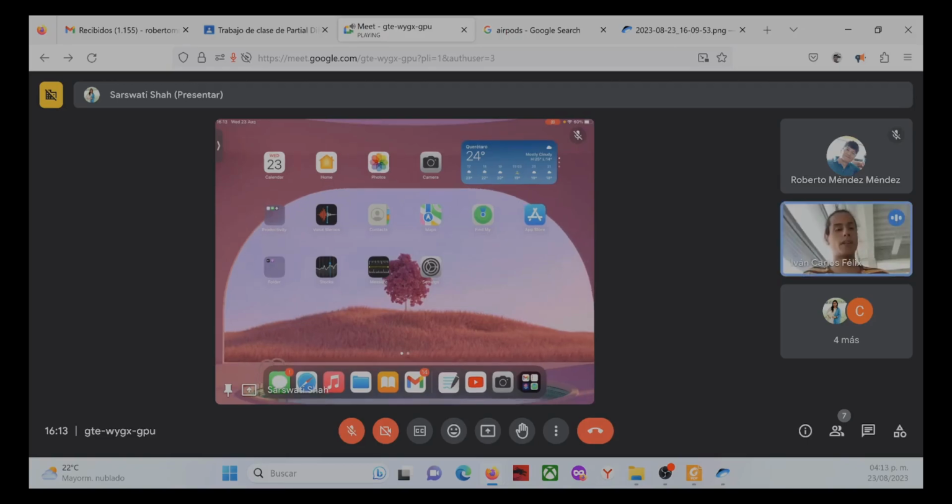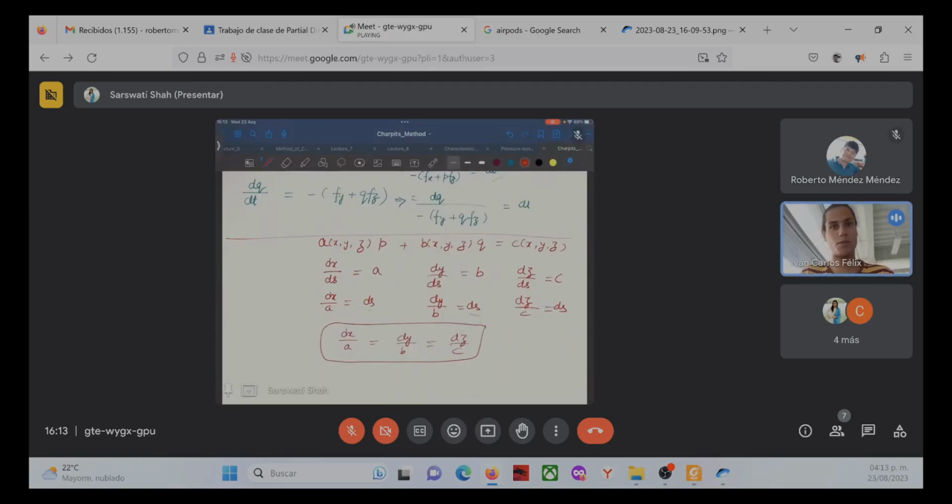I didn't expect to find Charpit's equation from the nonlinear method of characteristics. No, you should expect it because you already found that for the Lagrange equation. By the time you realize that everything is interconnected, you only need to pay attention to those things.